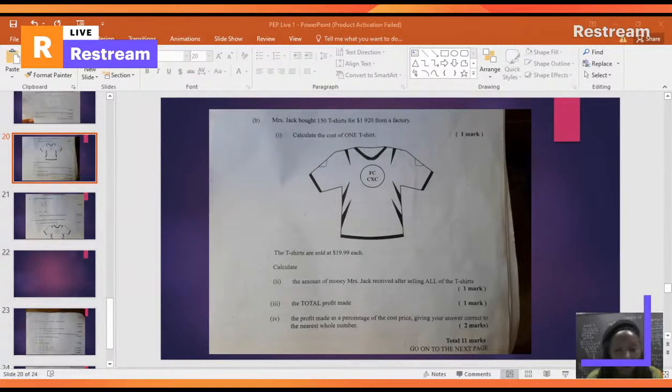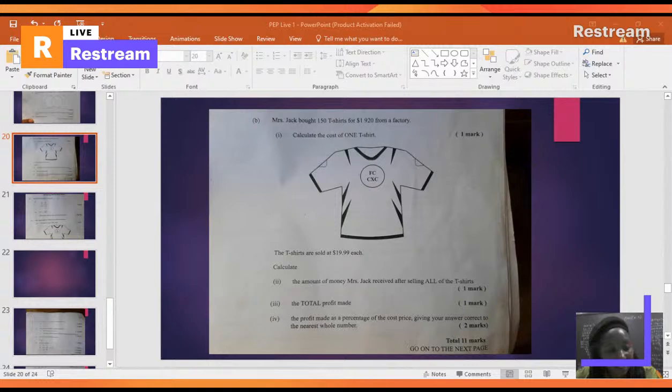She bought the 150 t-shirts for $1,920. So the cost of one shirt would be the 1,920 divided by the 150. And that's how we get $12.80.